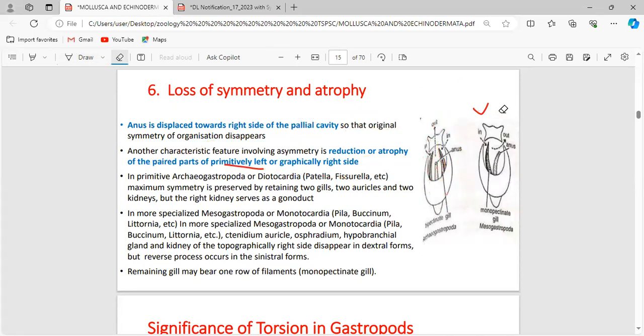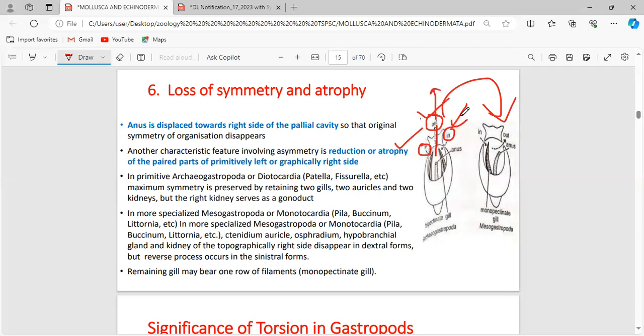Just remember, the exact location or position before torsion will be completely changed as a result of torsion. Initially this is the outer region, and this is the inner region where everything goes inside and where everything goes outside.